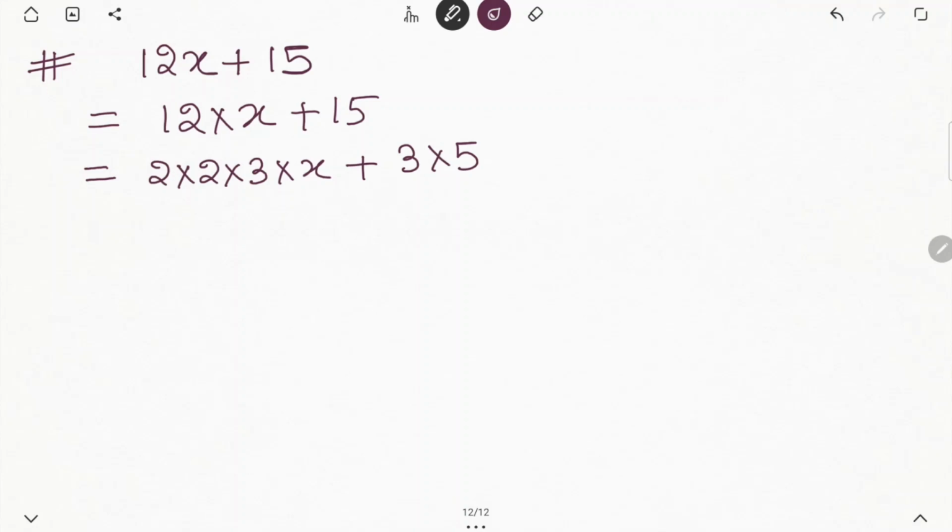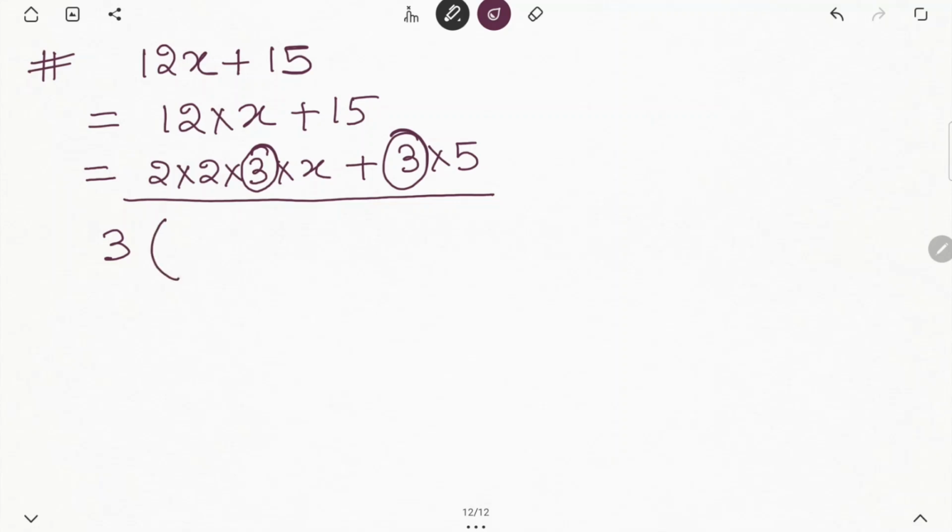Now if you look at this, you can understand which is the common factor among the two terms. I can see that in both the terms 3 is there. So 3 is common, and I can take out 3 common.